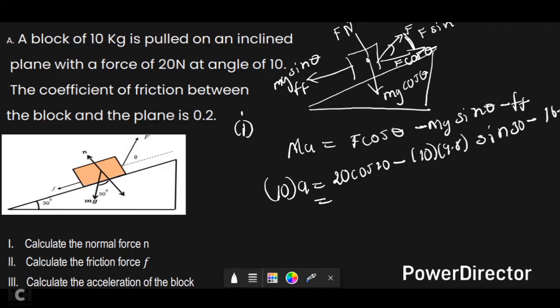Then you will find an answer, which is 10a here. You find an answer that is negative.